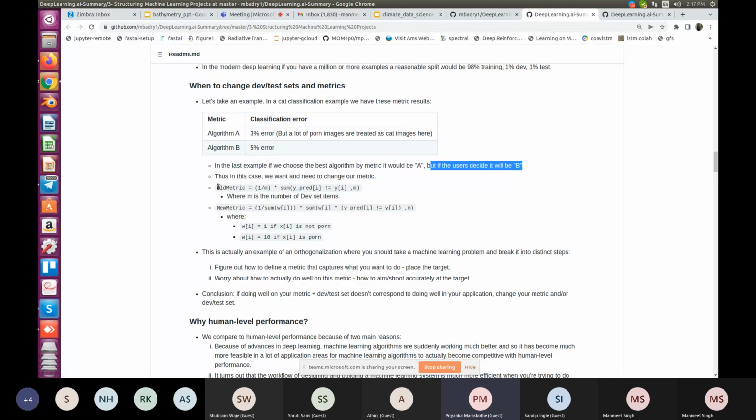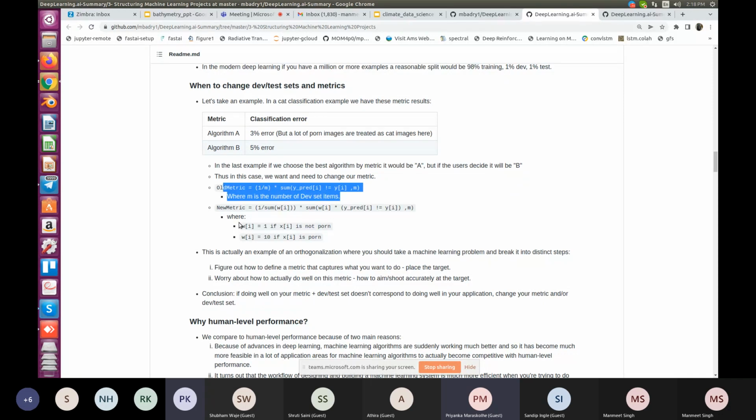You can see that the old metric is equal to 1 divided by m, where m is the total number of samples, times the sum of the indicator that y pred i is not equal to y i. So you would sum over all the wrong predictions. This was your old metric.